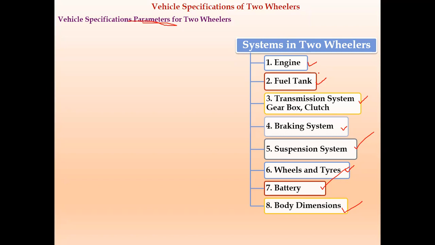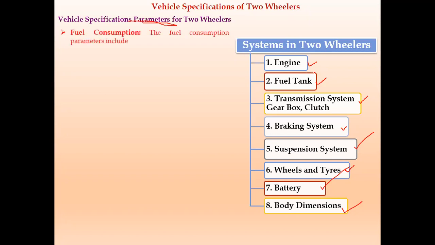Then we have number of cylinders, number of valves per cylinder, then the compression ratio. So these are some specifications that are very important in case of engine. Similarly, each system has different specifications, so we will see these different specification parameters.